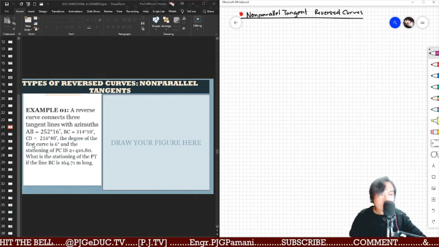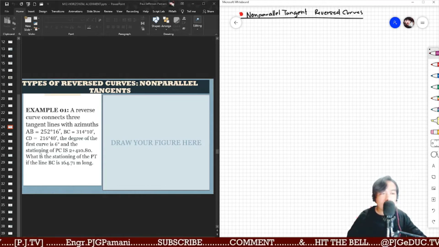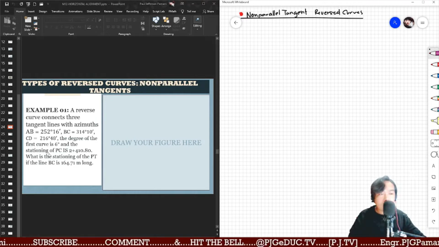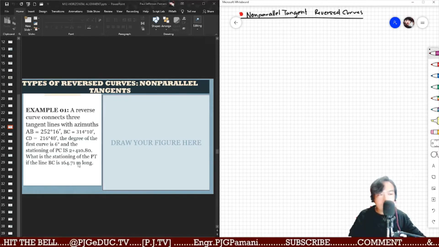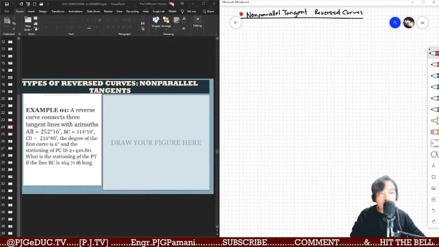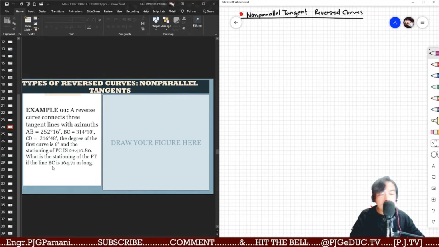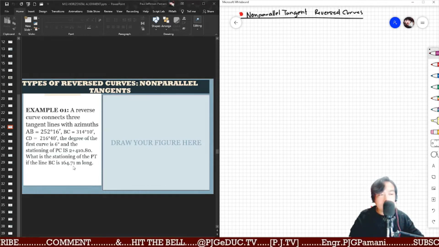Now, the degree of the first curve is 6 degrees, and the stationing of the PC is 2+410.80. What is now the stationing of PT if the line BC is 164.71 meters long?